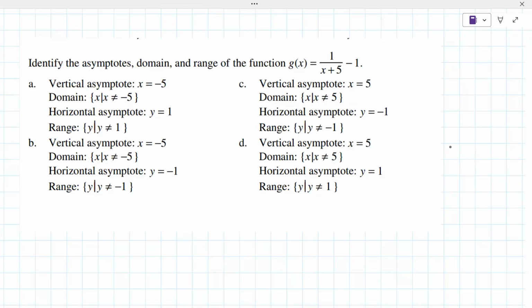What is this? Domain, range, okay, g of x.